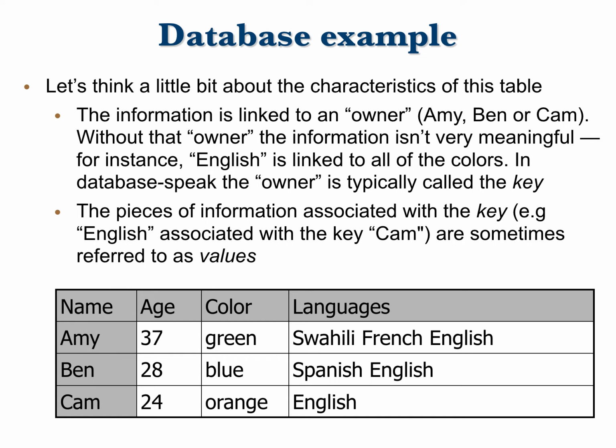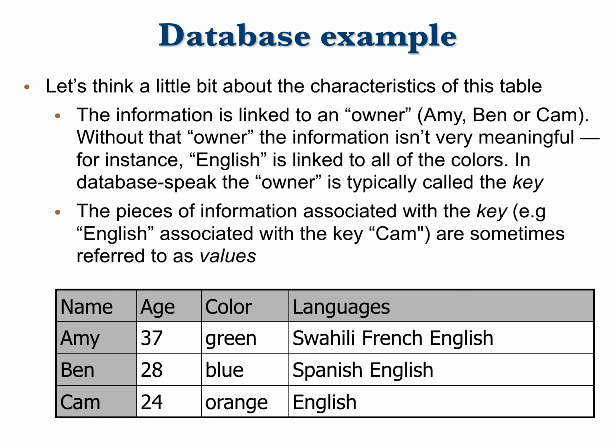Here it's useful to stare at Amy, Ben, and Cam and think about how those people own the information. They are the keys in this database. The white information, or the information in the white fields in the table, are values associated with the keys. So, for instance, the key Amy and the key languages have values Swahili, French, and English.